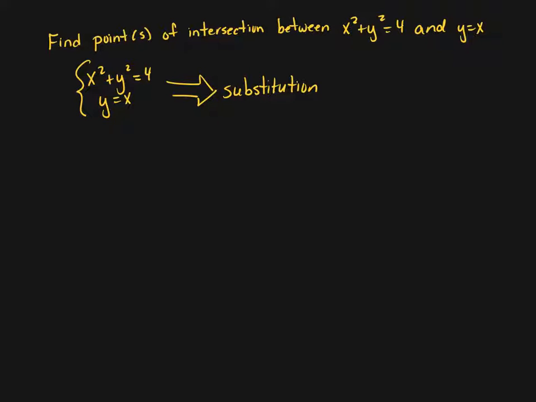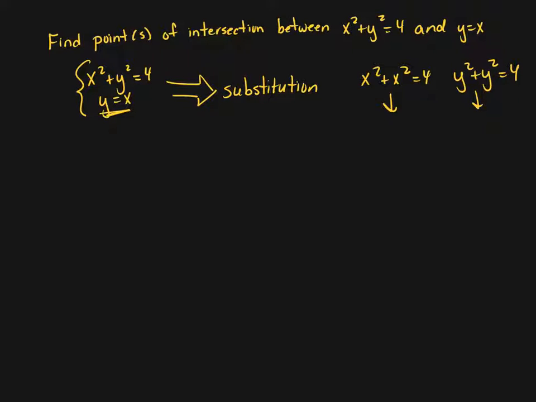So I'm either going to replace the first y with x, since I know that they're the same, and solve, or I'm going to replace the x with y, since they're the same, and solve. So you've got a choice there.